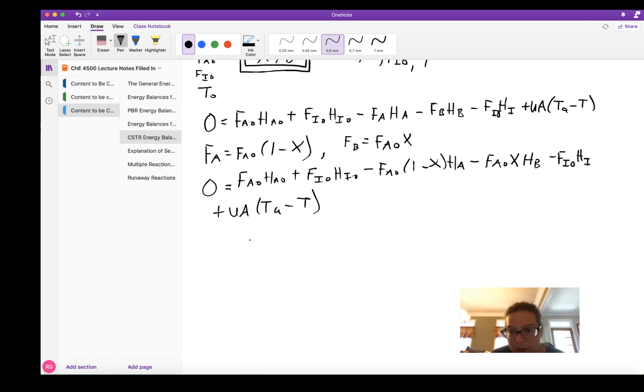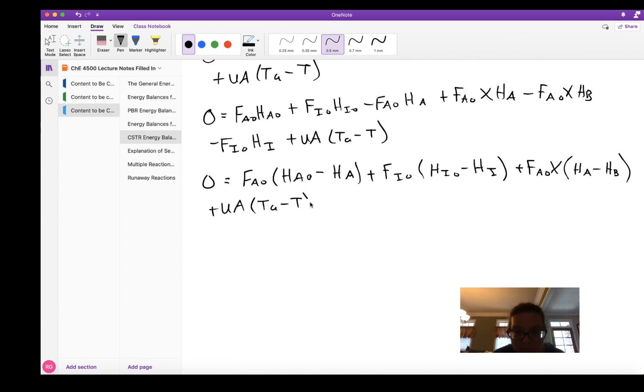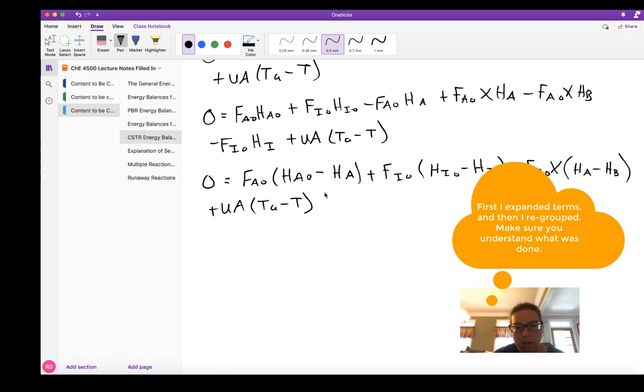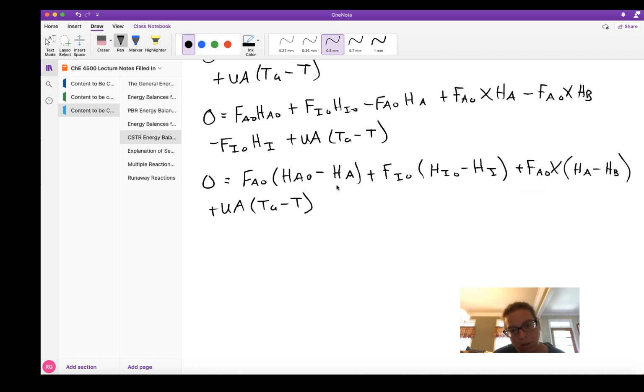So now I want to group terms. Once I have expanded terms and then recollapse them, I'm going to group together the inlet enthalpy minus outlet enthalpy. So I have one of these for A and one of these for I. I'm also going to group terms that are multiplied by X. And then I have my heat exchanger term.